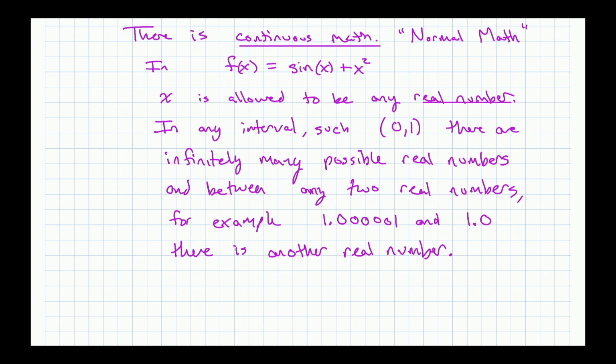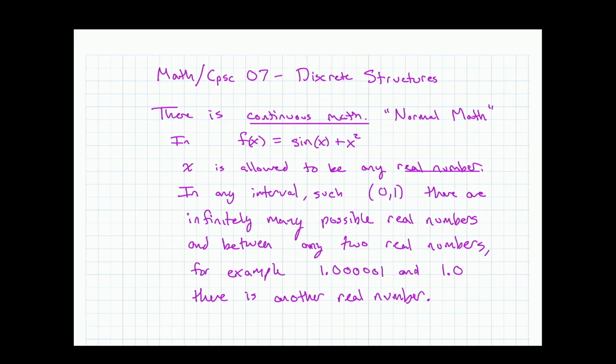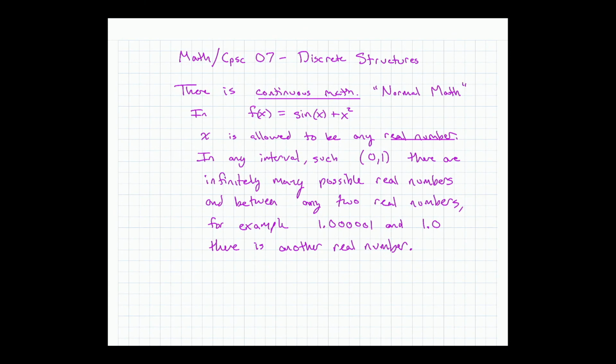If you take one and you take another one, there's one between them, and between those two, there's another, and so on. Doing math this way is continuous mathematics, with continuous functions, or mathematics on a continuum. That is specifically not what we're talking about in this class.